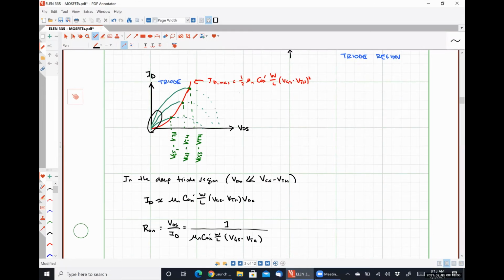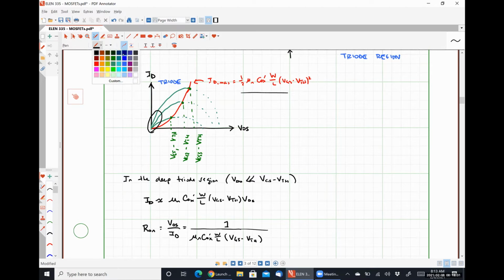And it's the exact same equation we saw here for our parabolic arc that was limiting the maximum values for our currents. So the saturation current is the exact maximum current that the transistor can supply for a specific value of VGS minus VTH.